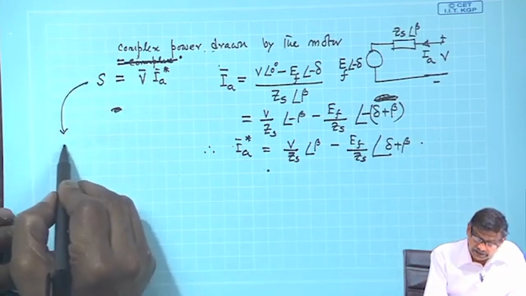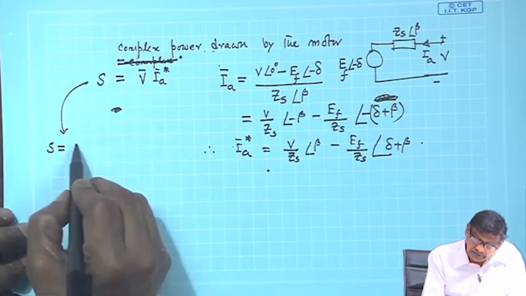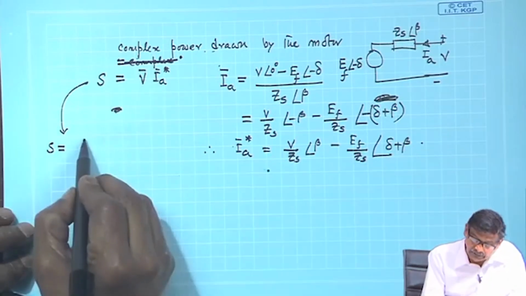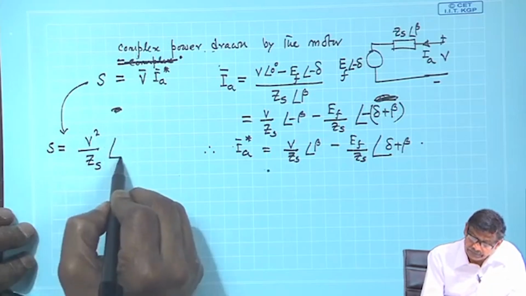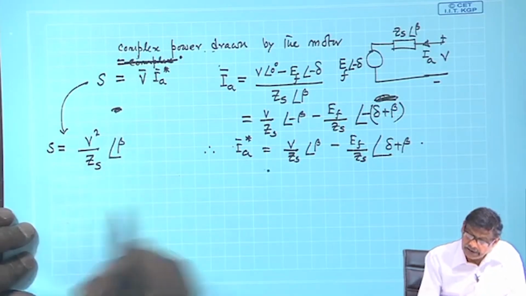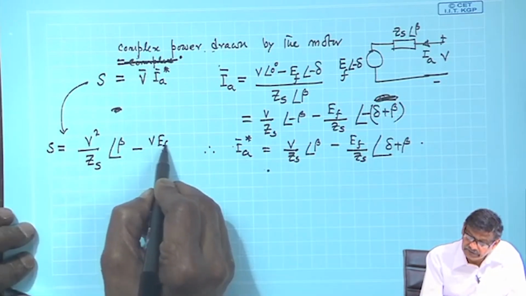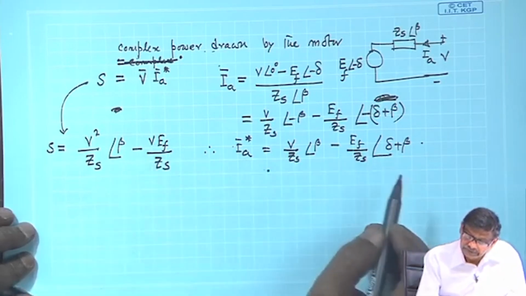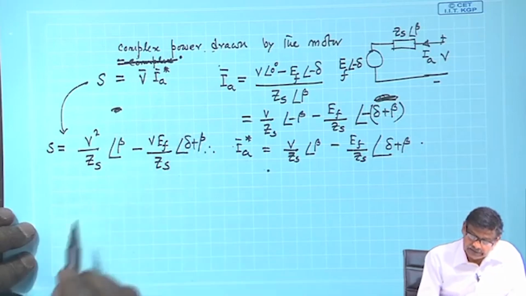Therefore, the complex power delivered will be V angle 0 degree into this, that will be V square by Z s angle beta minus V E f by Z s angle delta plus beta.